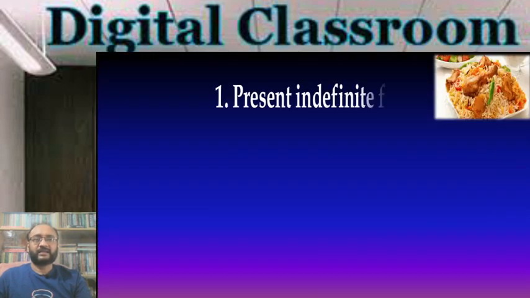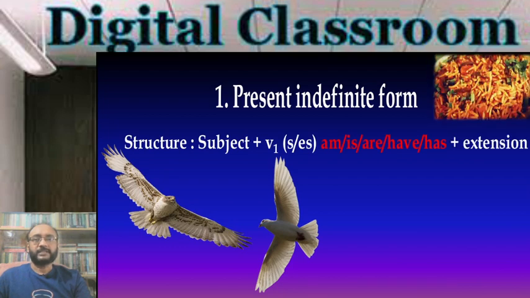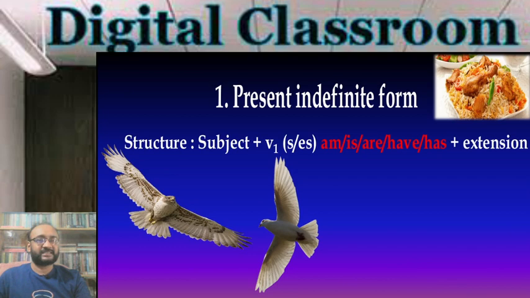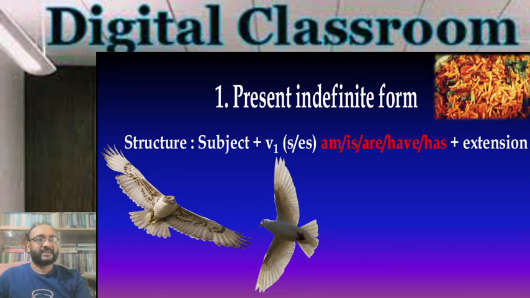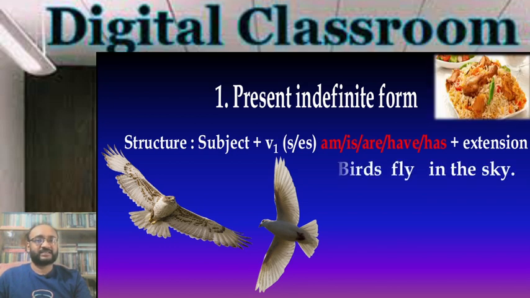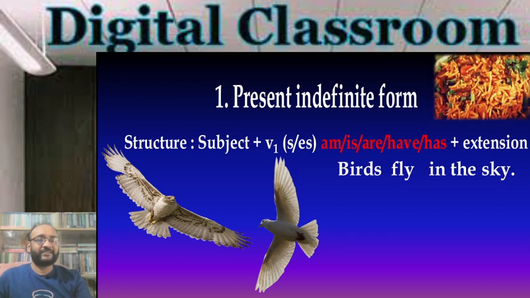Okay. So present indefinite tense, what? Subject plus V1, that means s/es, or am, is, are, have, has, you can also use as a verb, plus extension. So birds fly in the sky, it's present indefinite tense.